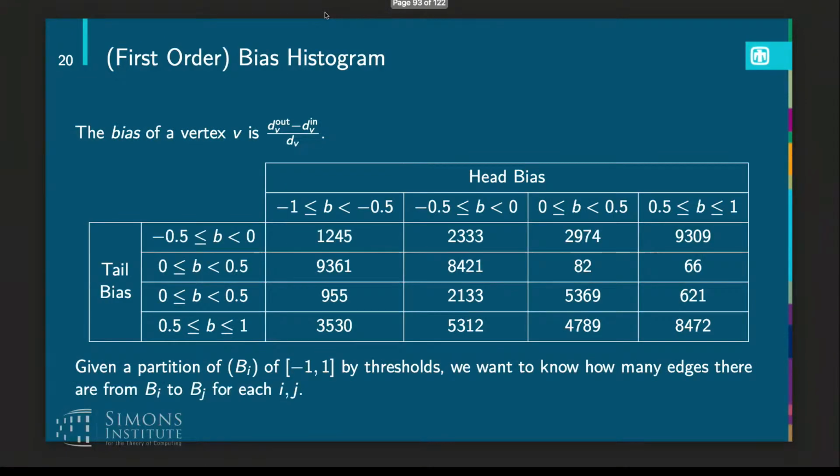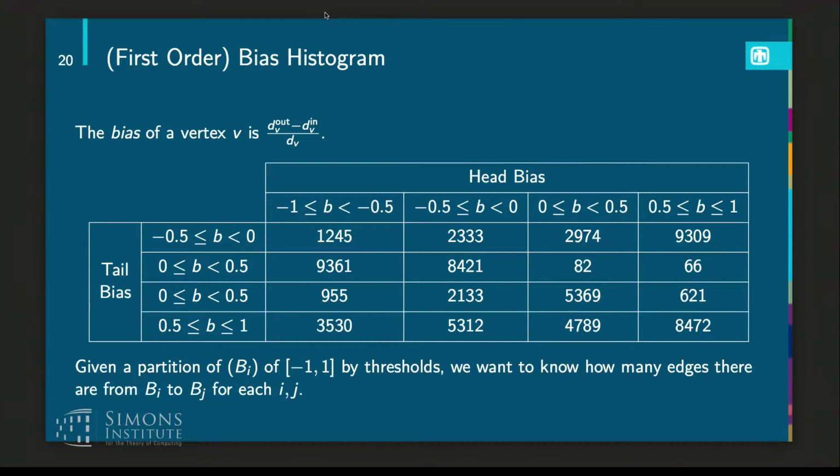So the problem that we're trying to solve with this streaming algorithm is that we're given a partitioning of the biases, which range from -1 to +1, into contiguous chunks. And we want to know, for each pair of these chunks, how many edges there are that start in one bias class and go to another bias class.